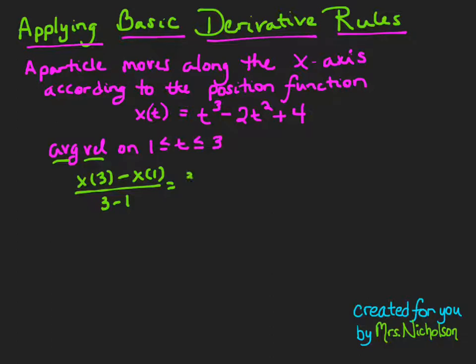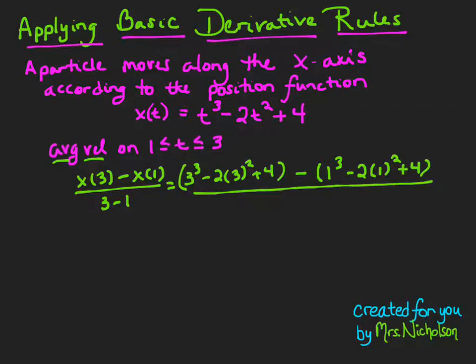If I plug in 3, I get 3 cubed minus 2 times 3 squared plus 4, minus, and then I plug in the 1: 1 cubed minus 2 times 1 squared plus 4, over 3 minus 1, which is 2.